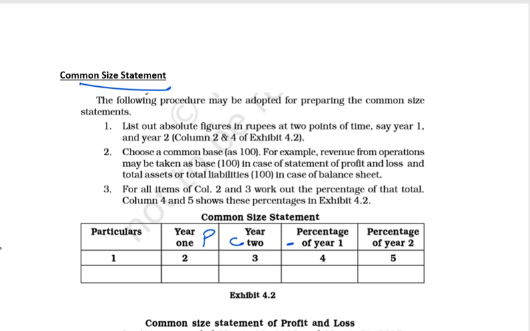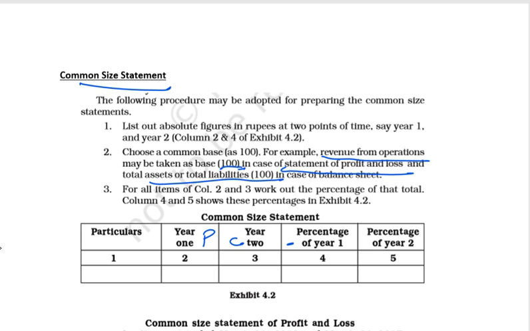That means on the basis of some basis, we are converting each and every item into percentage. In the case of statement of profit and loss, we are taking revenue from operations or sales as 100, and in the case of balance sheet, asset or liabilities total we are taking as 100.